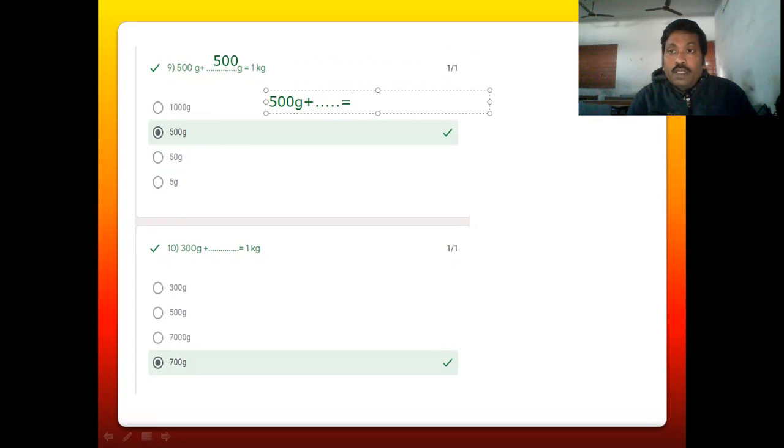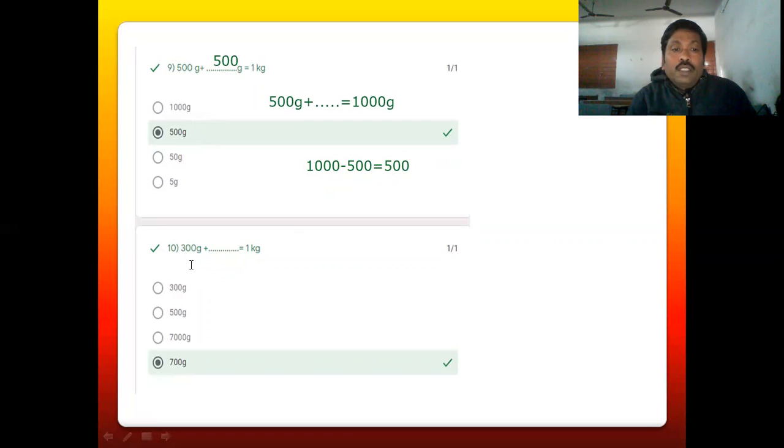We will convert 1 kg into 1000 grams. To find the digit for the blank, we subtract 500 from 1000 and we get 500. So our answer will be 500.